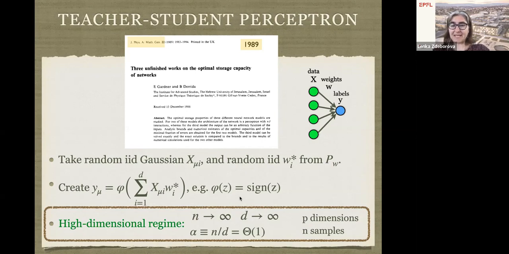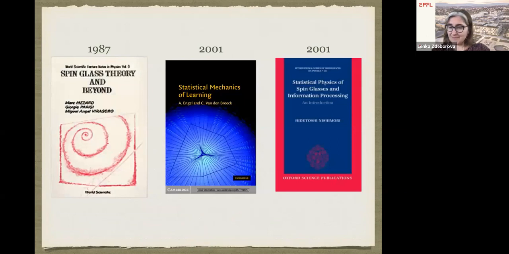So what can they say about this setting? Well, the early results about the generalization error in this high dimensional setting actually came from physics, and there are textbooks written on that, maybe not all in the 90s, but certainly a long time ago.